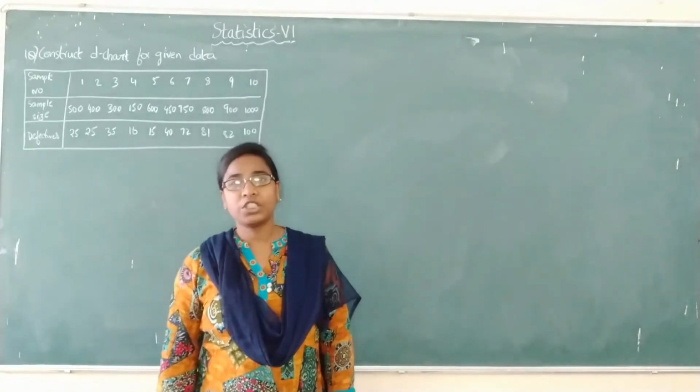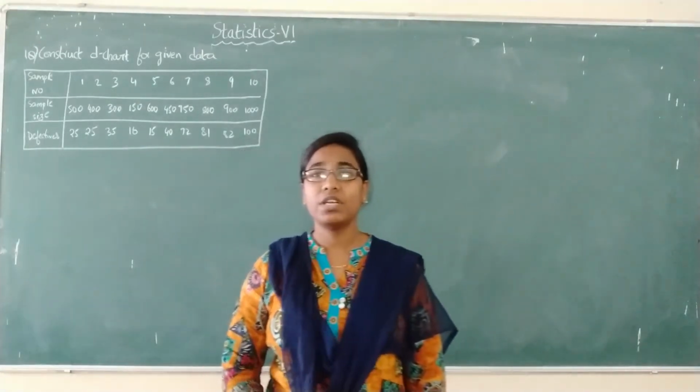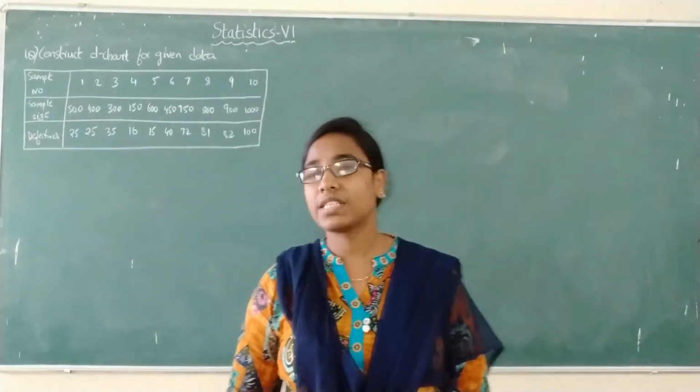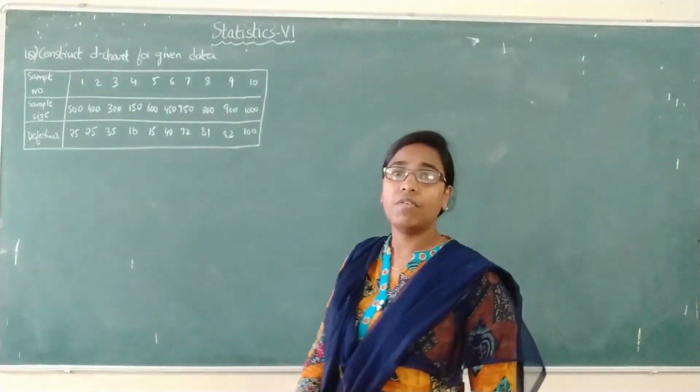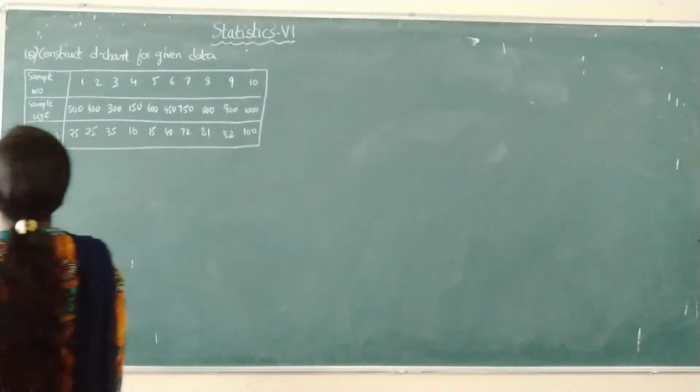In your question, if only one sample size is given, you will use the fixed sample size case, and if different sample sizes are given, we will be using the varying sample size.